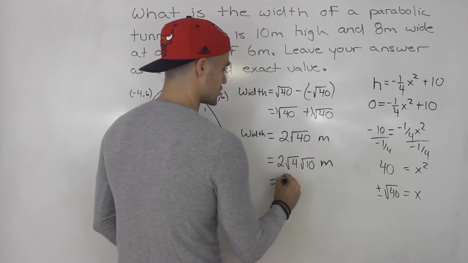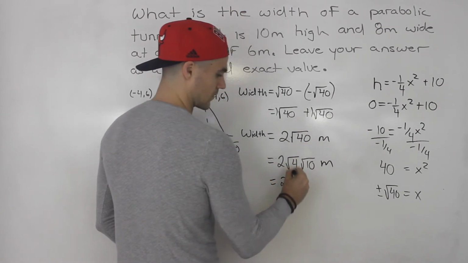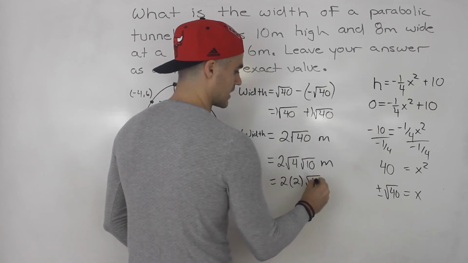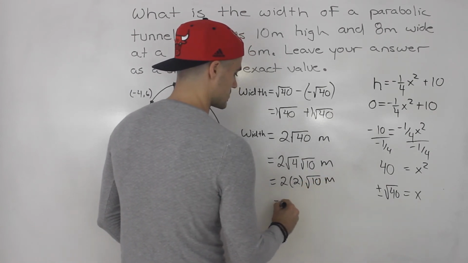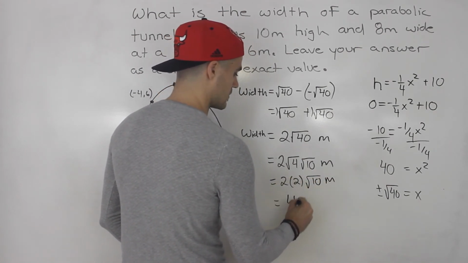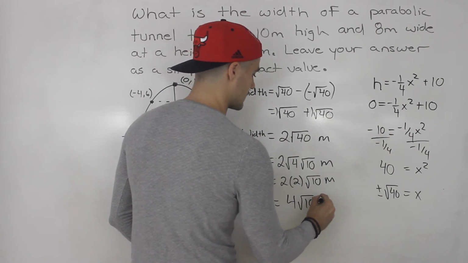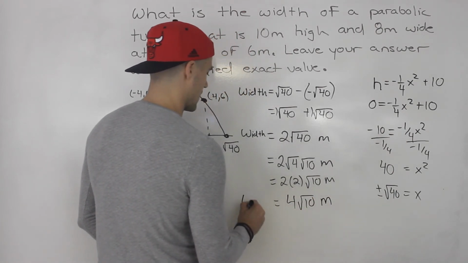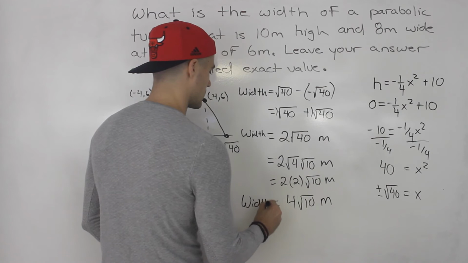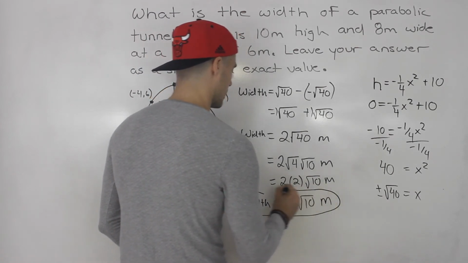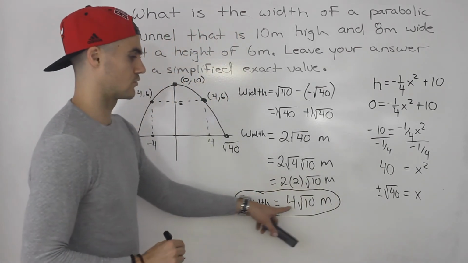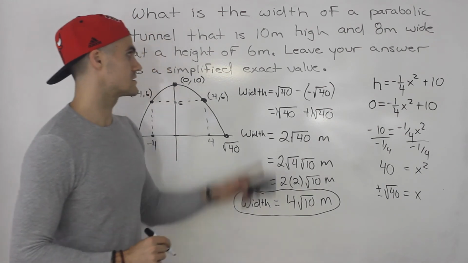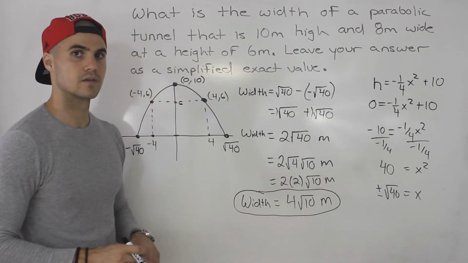Root 4 is just 2, right? And then root 10 we can't simplify any further. So 2 times 2 is 4. Root 10 we just leave as is. So that is the final answer. The width of the bridge is 4 root 10 meters. That's the simplified exact value.